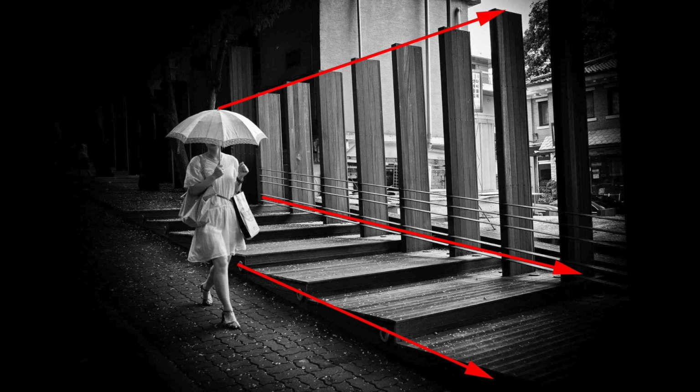This image also has very clever use of leading lines. The leading lines within this image direct the viewer to look into the direction that the lady is walking, which is quite a clever device because this almost takes the viewer on the same journey as the subject within the photograph. Very, very clever image.